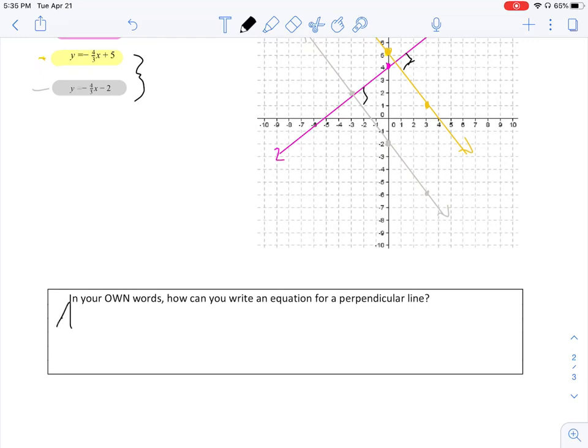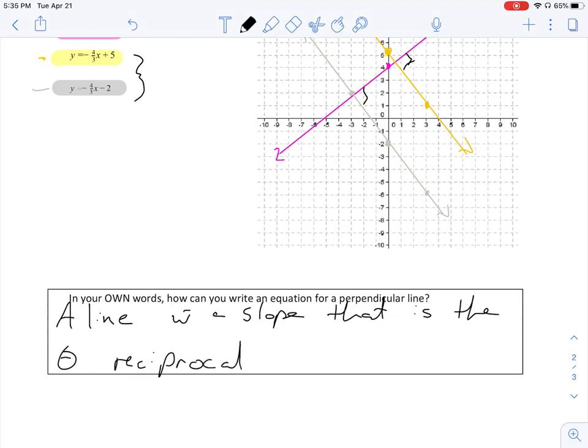You can say something like a line with a slope that is the negative reciprocal of another, or something to that effect.